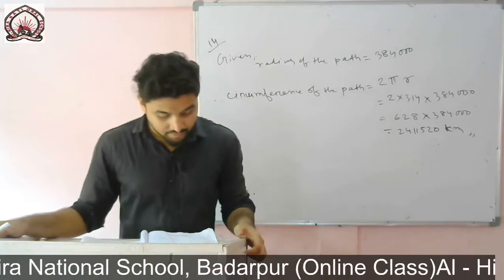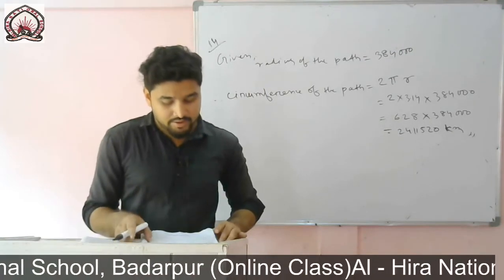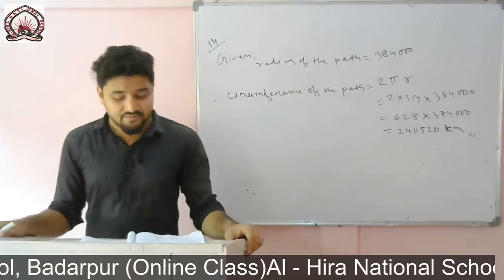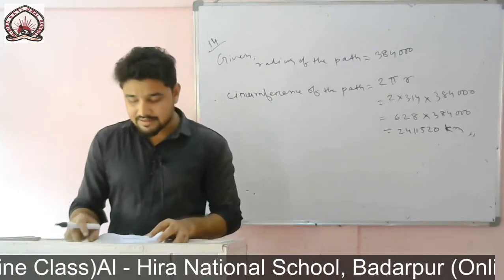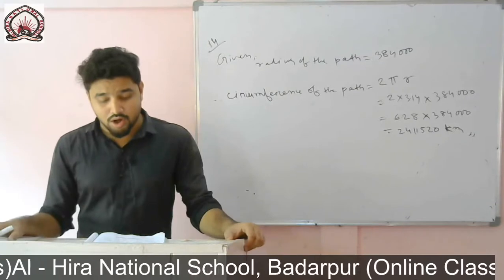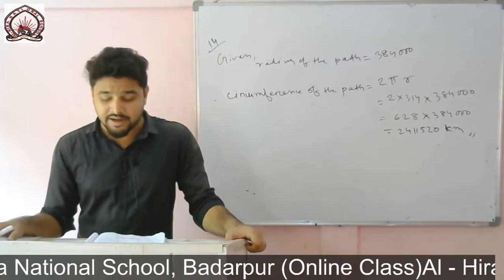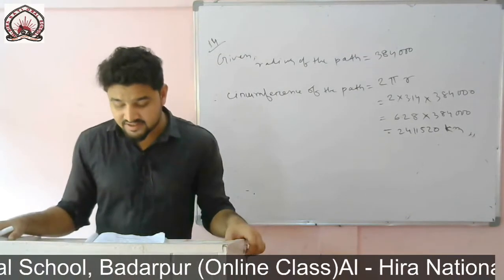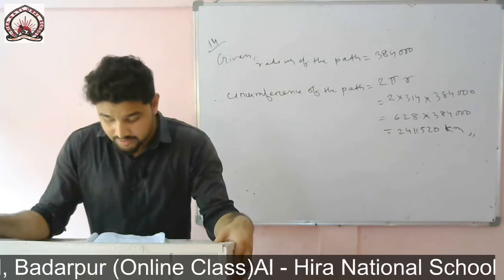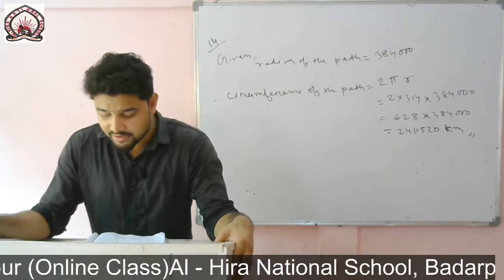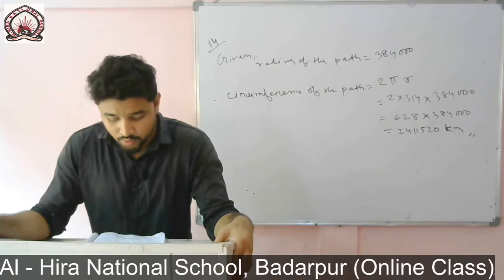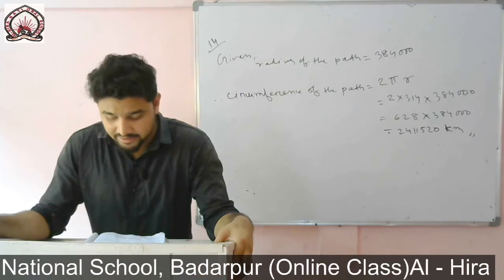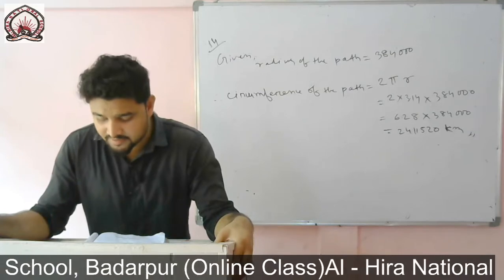Okay. Now come to 15. The circumference of the front wheel of a car is 10 decimeter and that of hind wheel is 16 decimeter. How many revolutions more will the first wheel make than the second in covering a distance of 96 kilometer?